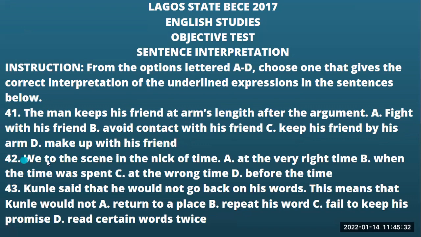Now, question number 42. We got to the scene in the nick of time.